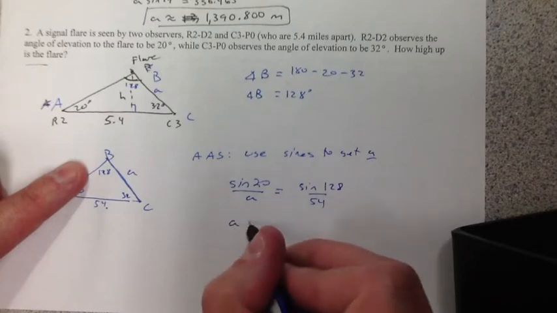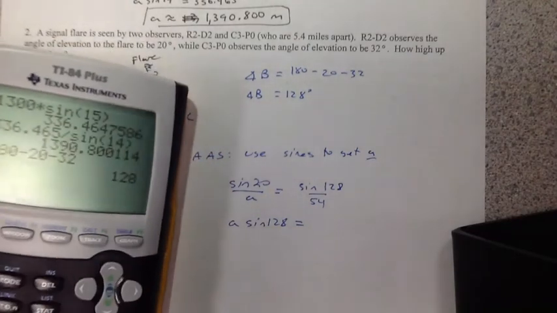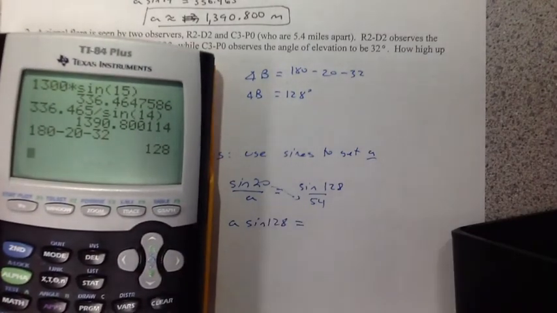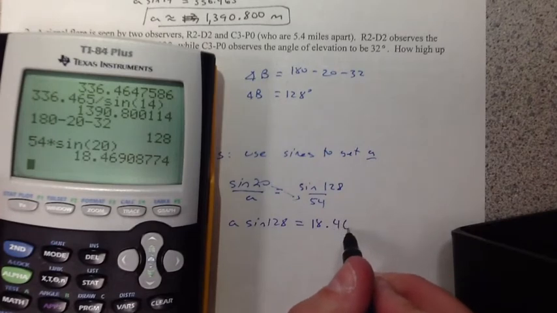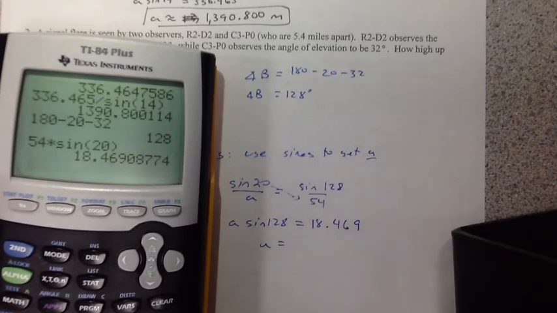So cross multiply, a sine 128 equals, I type that in my calculator, cross multiply here, 5.4 times the sine of 20, and we get 18.469. And I'm just going to divide by the sine of 128.